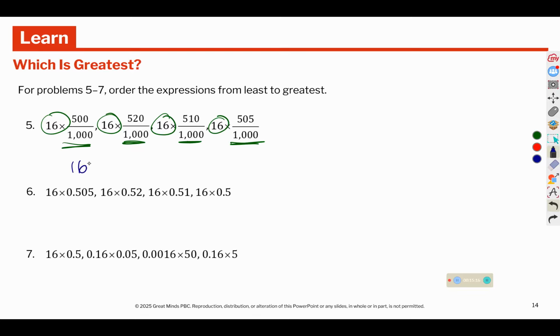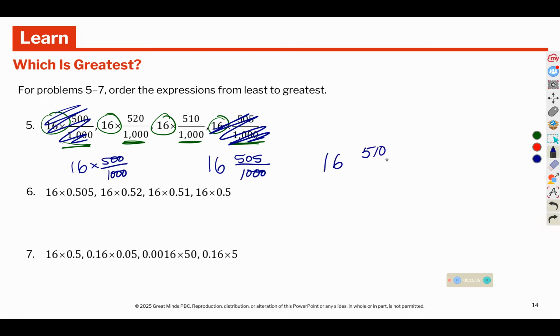So this will be 16 times 500 over 1,000. Then next up would be 505 over 1,000. Then 510. And then lastly 520.